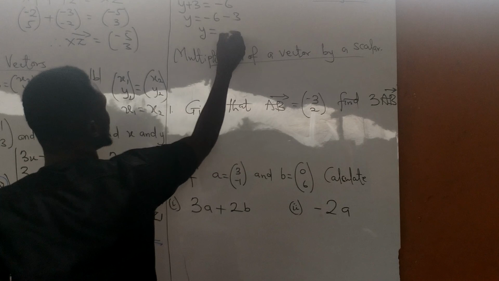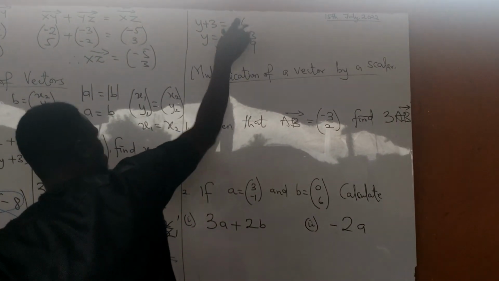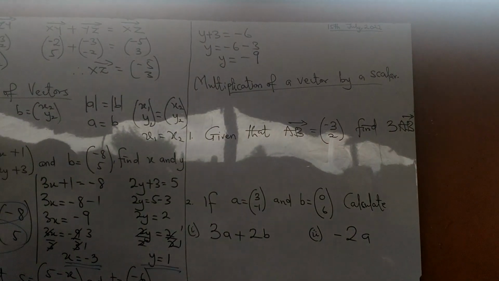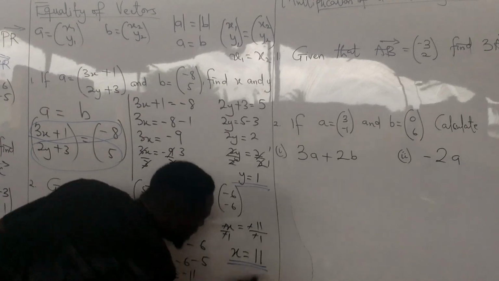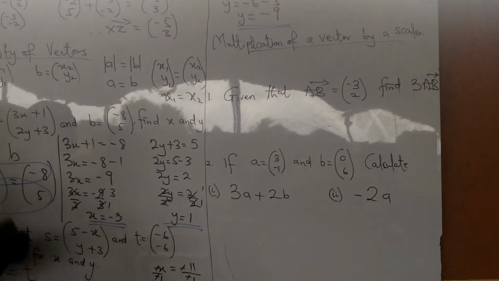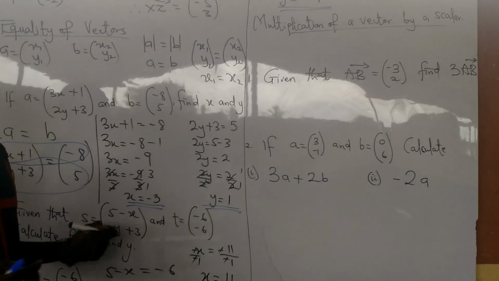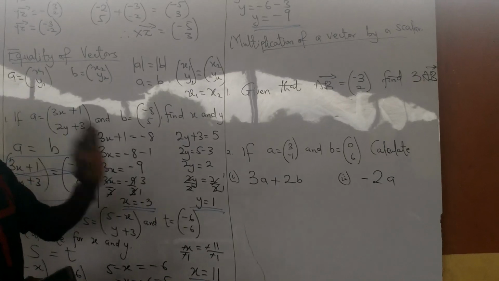So y is equal to negative 9. You owe 6, you owe 3. If you put them together, you owe 9. So therefore, our x value is 11, and that of the y is negative 9. And that is the way we solve for the equality of vectors.